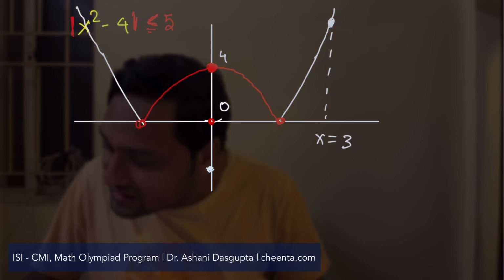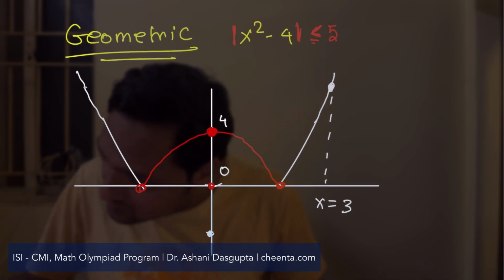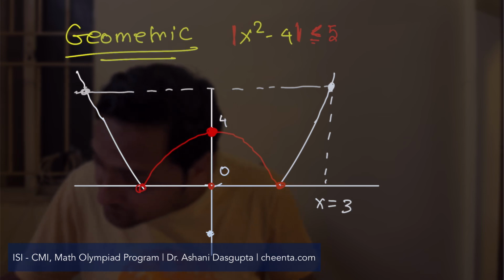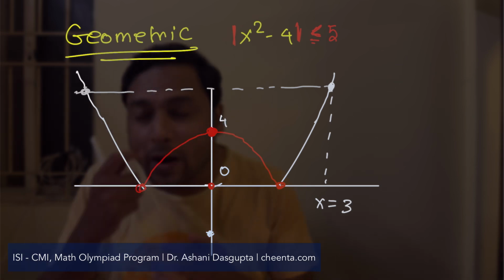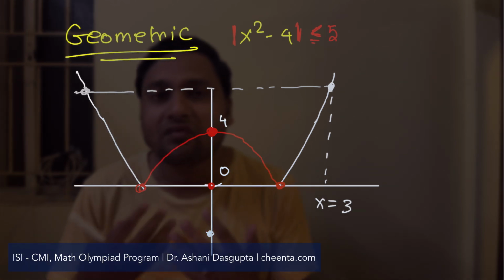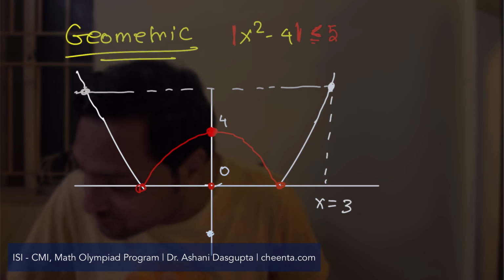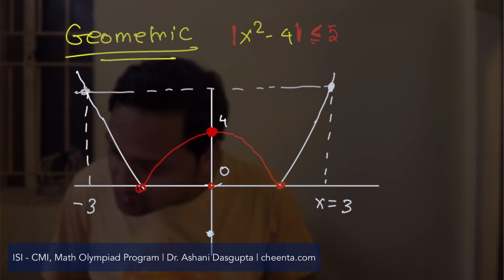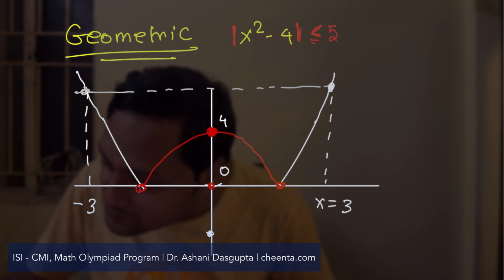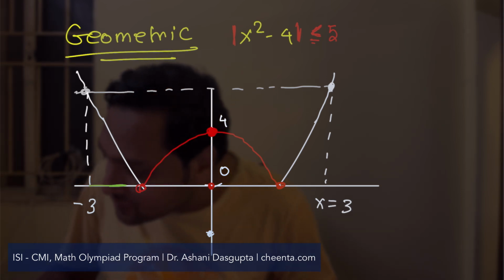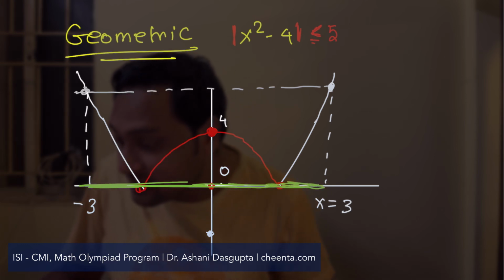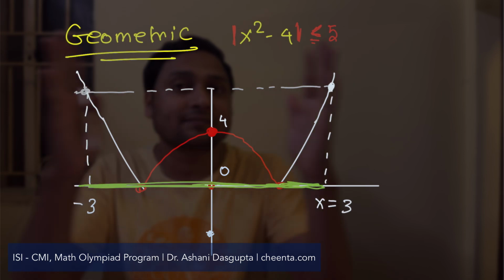So this is the height of 5, and the x value is 3. So 3 squared minus 4 is 5, and negative 3 squared minus 4 is also 5. So this is negative 3. So x ranges between negative 3 and positive 3.